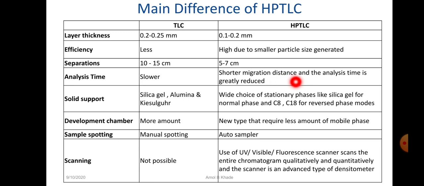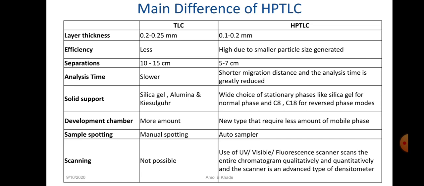When we compare the kinds of stationary phase we can coat on the supporting material, we have very limited scope in TLC, like silica, alumina and Kieselguhr, whereas in HPTLC we have wide choices of stationary phases like silica. Then we can also use reverse phase modes, like C18, C8 or C4 and so on.